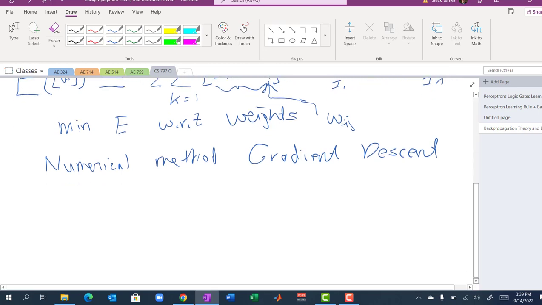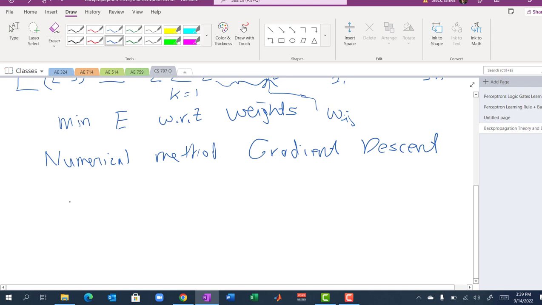And that's based on this formula, where if we apply a set of inputs, we calculate outputs, and then we calculate that error E, then we adjust the weights based on this weight update rule, based on the gradient of the error E with respect to that particular weight.